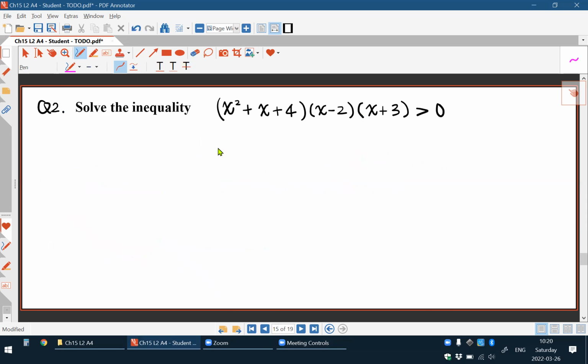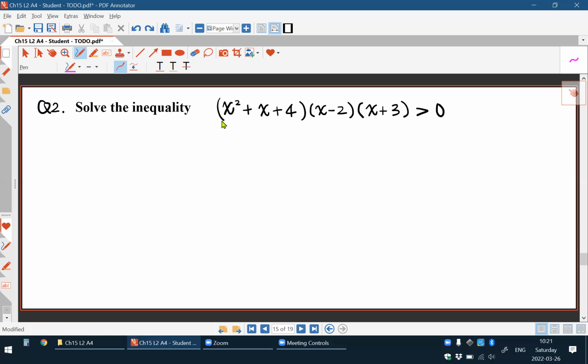Okay, next one is a little complex because apparently this factor is not in a factored form, right? Okay, so what's so special about this expression here? So let's have a look at what we can do about it.